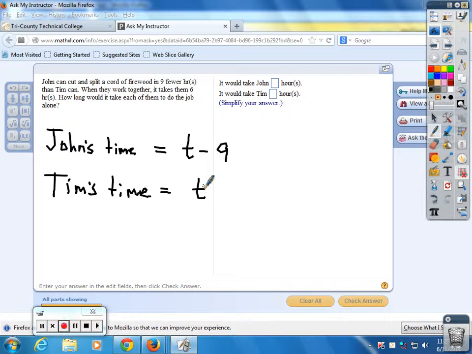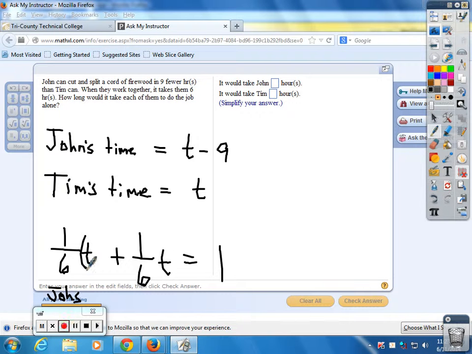When they work together, it takes them 6 hours to do a job. So therefore, it would be 1/6 times the time plus 1/6 times the time is equal to 1. Now we got to plug in the T's. John's time is not 1/6 T. His time is 1/6 of T minus 9.